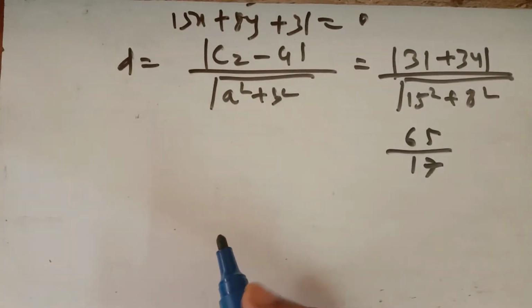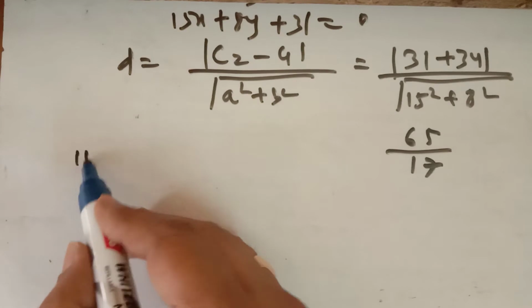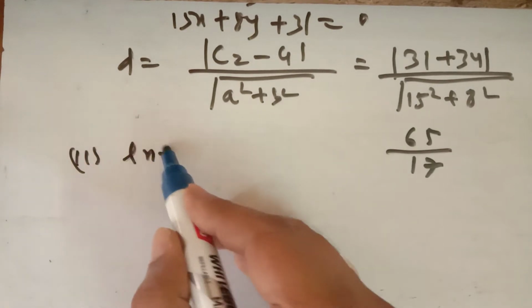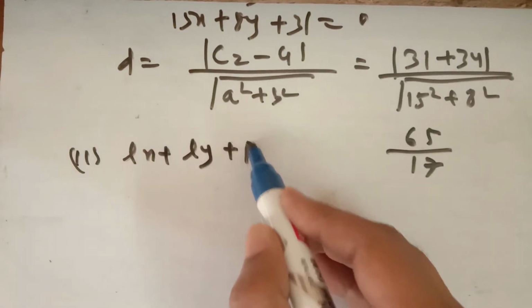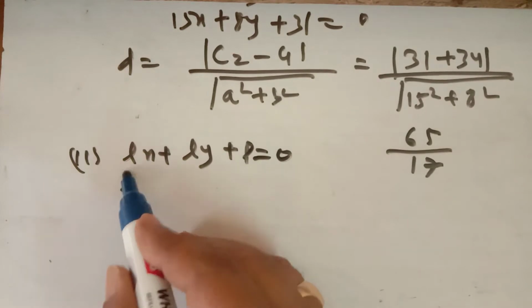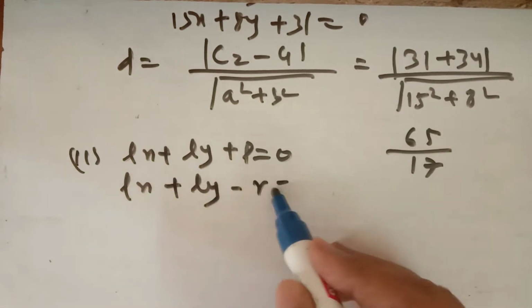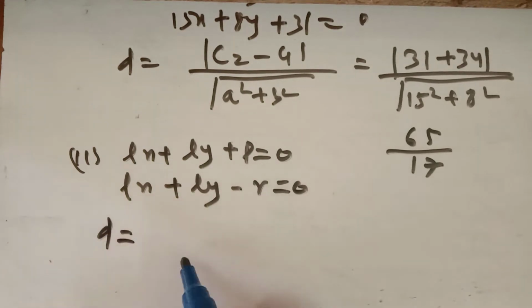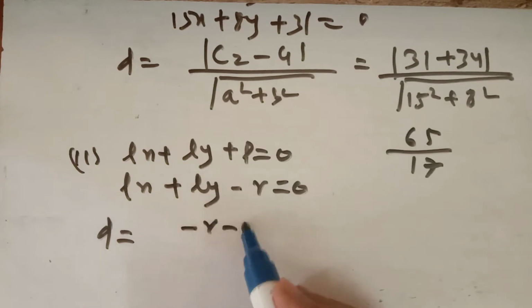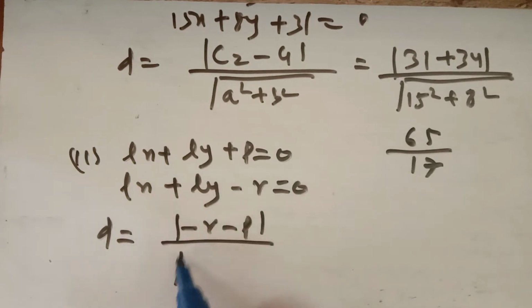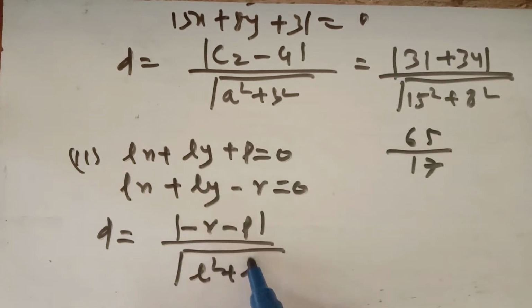Similarly, the second part gives the lines lx + ly + p = 0 and lx + ly - r = 0. So the distance between these two lines is the modulus of c2 minus c1 upon the square root of a square plus b square.